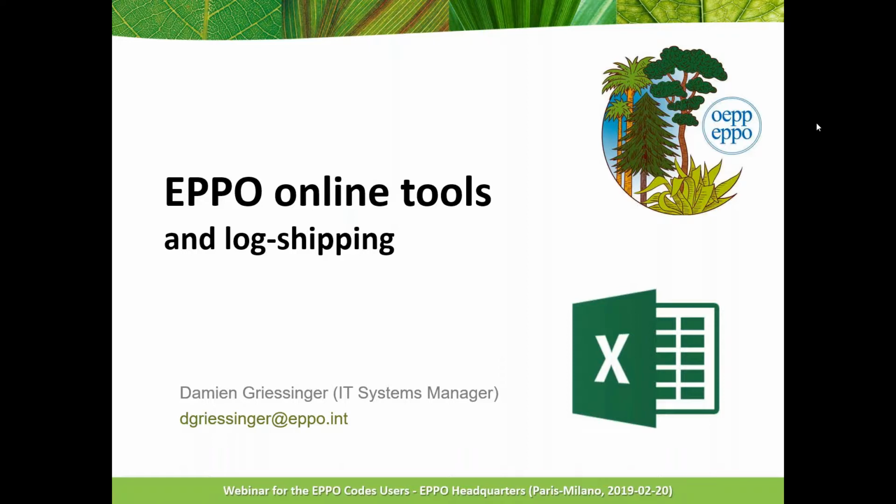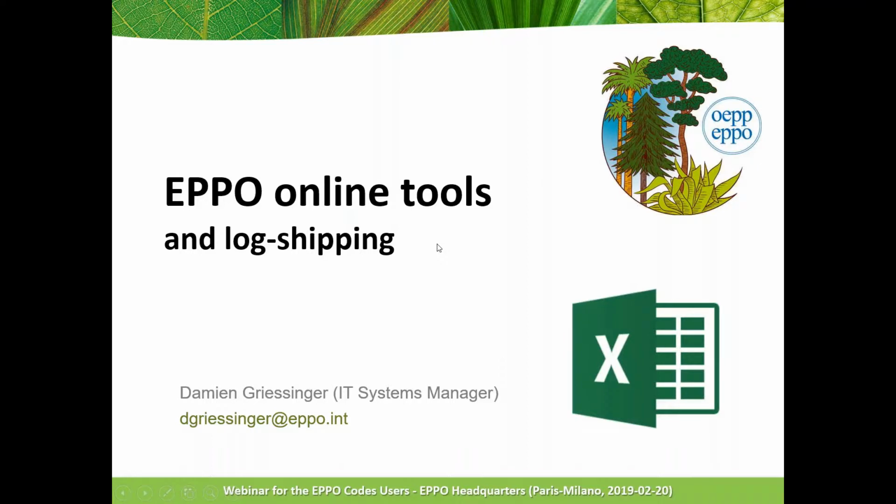So thanks to Anne-Sophie for the presentation of EPPO codes, because EPPO codes are a real key point for our database. All data are linked with the EPPO codes. And now I will present you a tool, the EPPO online tools, that allow you to play with your data.